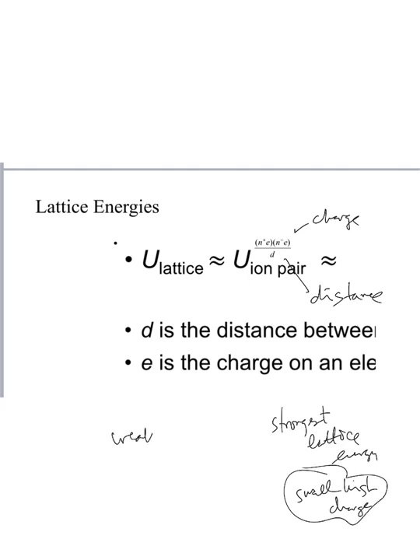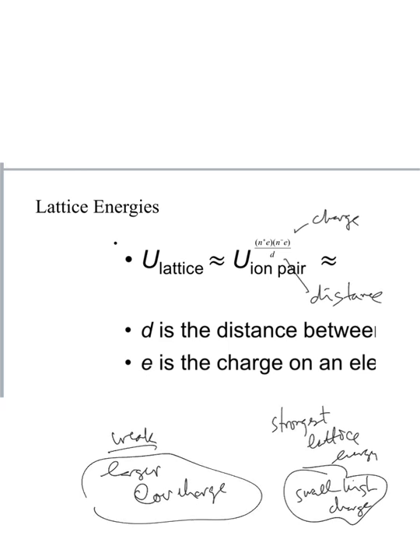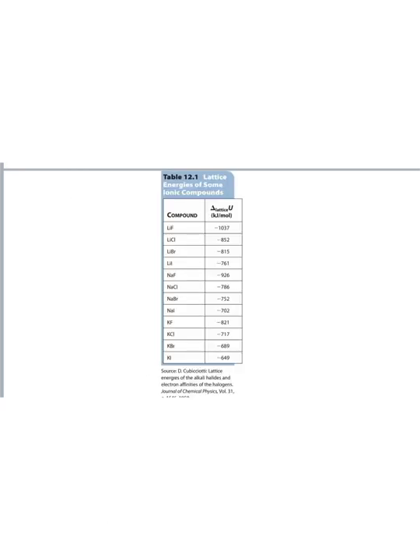Weak would be large, low charge. Here's some evidence of that. Look at the smallest, lithium fluoride. Its lattice energy is high, it's very difficult to break it apart, compared to larger atoms like potassium iodide.